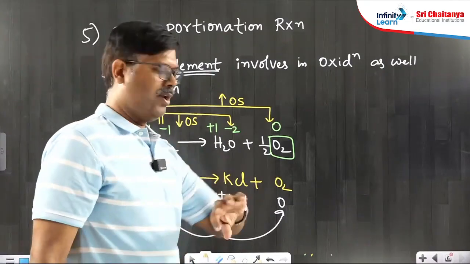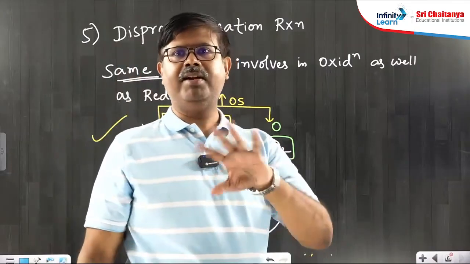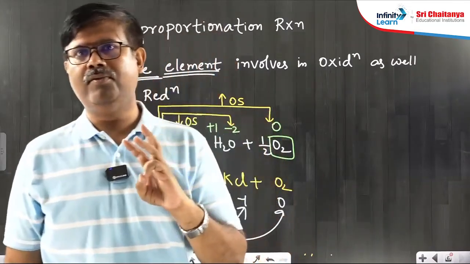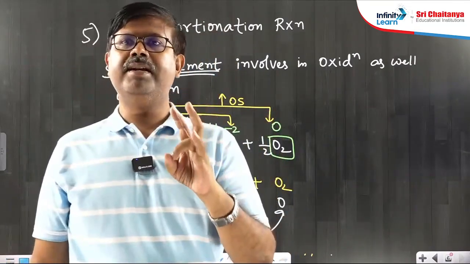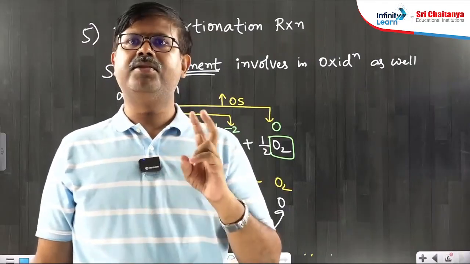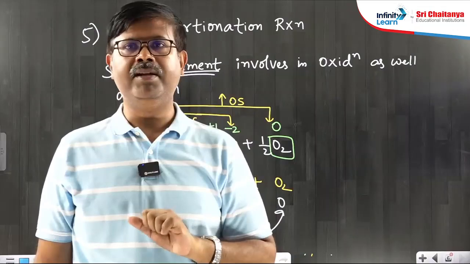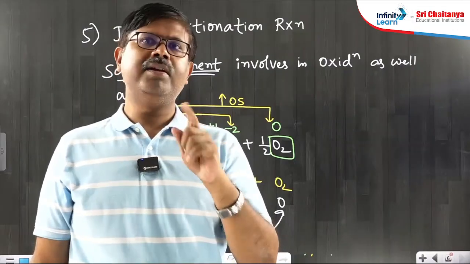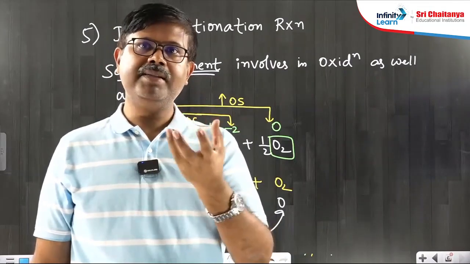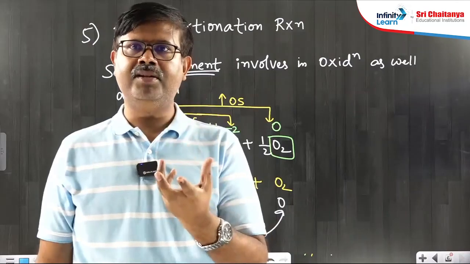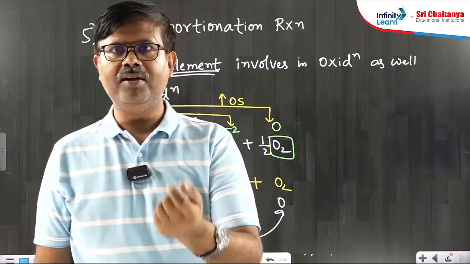So today whatever we have discussed, first let me revise that. Initially we discussed what a redox reaction is. Redox reaction means oxidation as well as reduction. Both should happen in a reaction. What is oxidation? What is reduction? The basic definition of oxidation is losing of electrons.